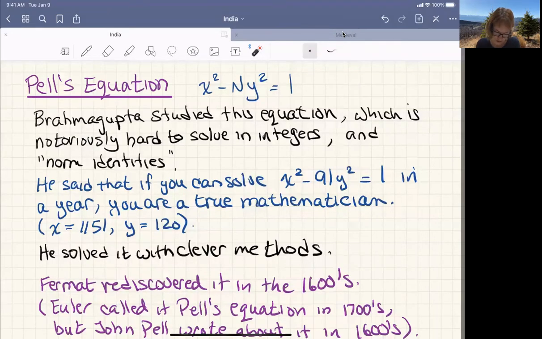So n is going to be some integer, and then you want integers x and y. So here's a quote by Brahmagupta. He said that if you can solve this equation in a year, then you are a true mathematician. So that's just a reflection of how hard Brahmagupta himself thought this problem was.